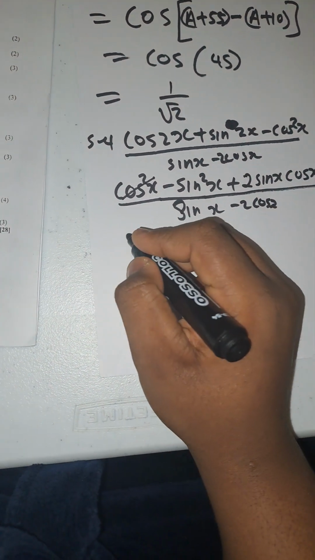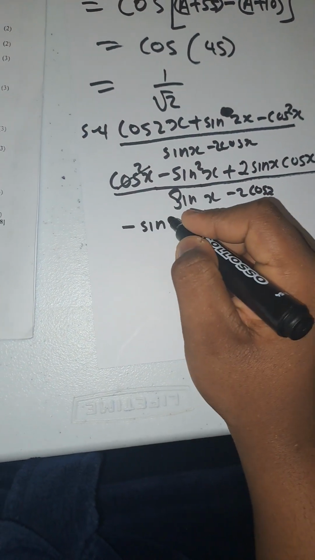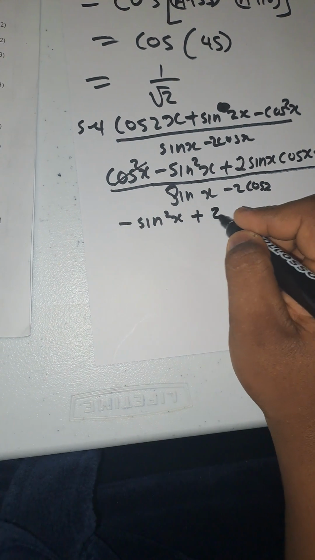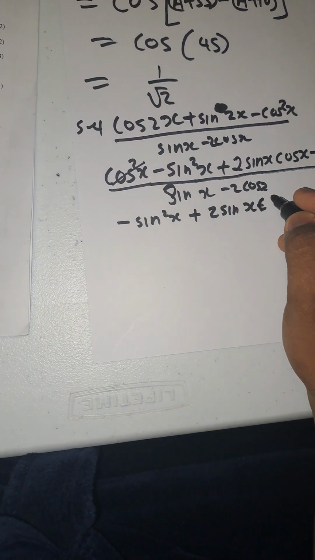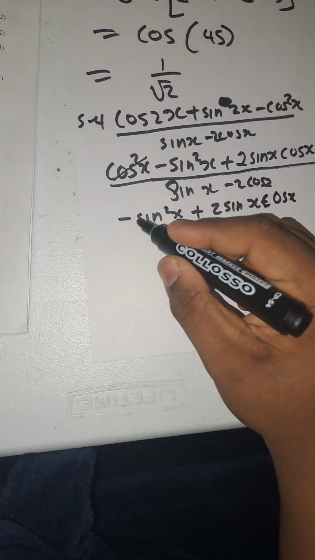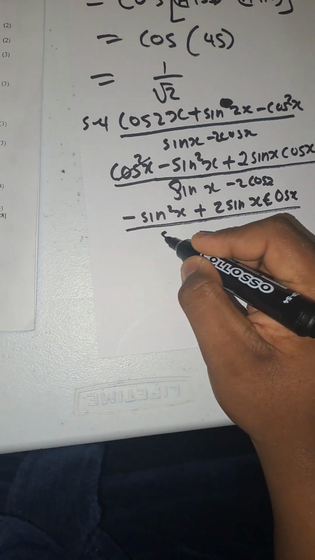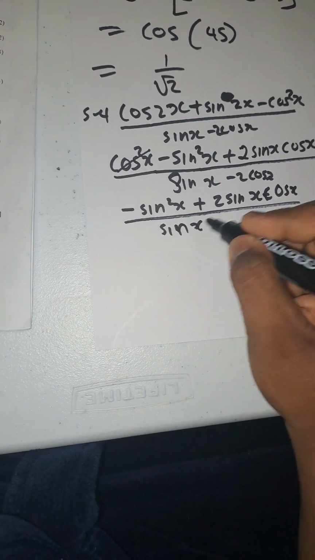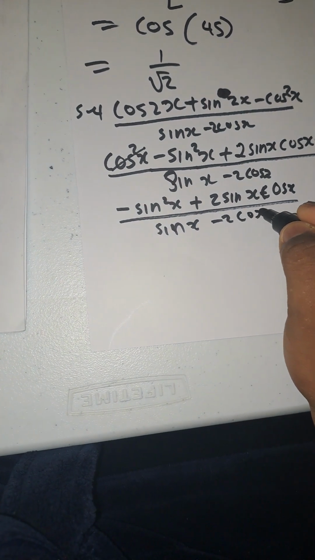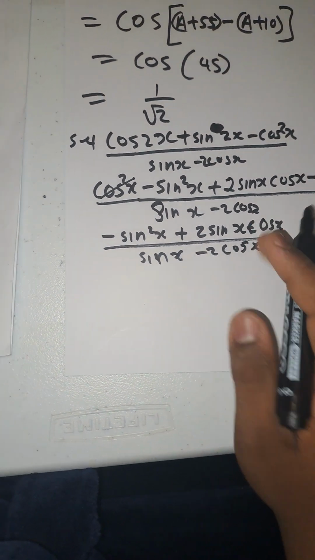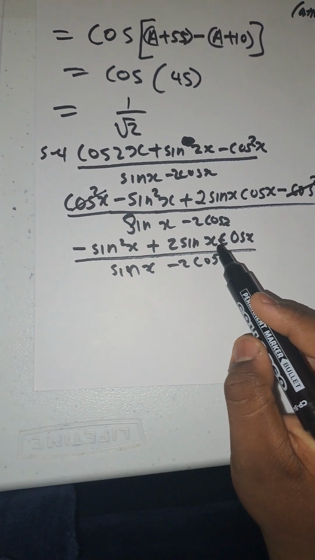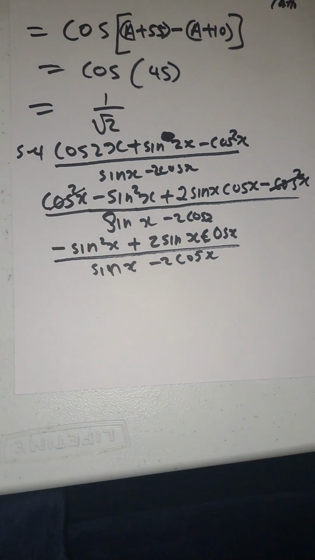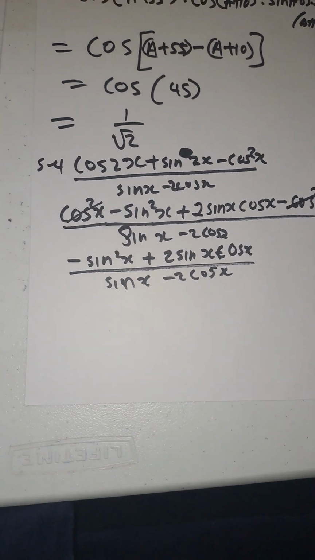So I have minus sin squared x plus 2 sin x cos x over sin x minus 2 cos x.